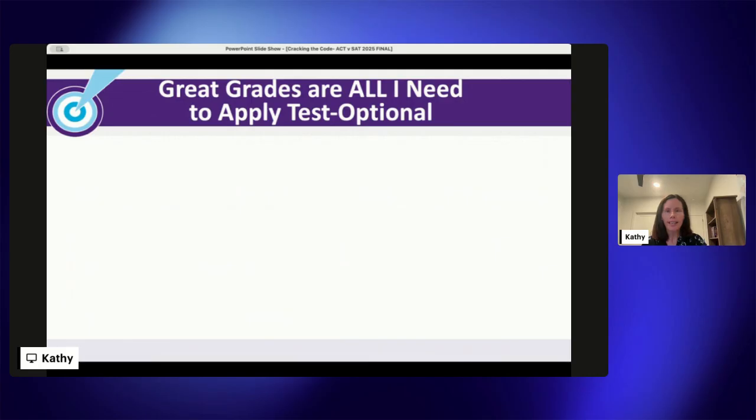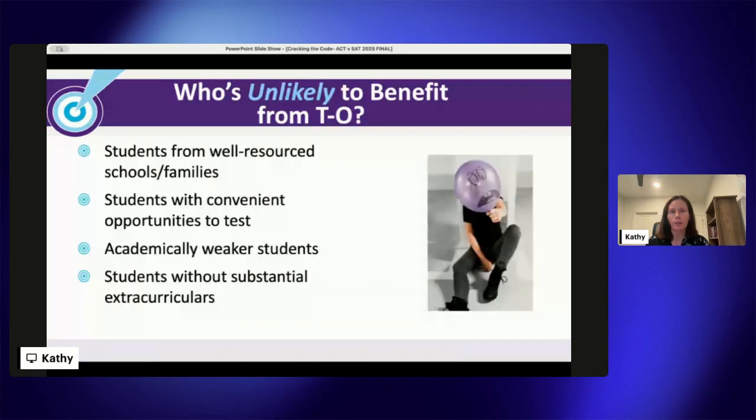So if I am going test optional, there are a couple of things to take into account. Some students are unlikely to benefit from test optional. So, students who may have had the time, the resource, the opportunity to test, students who may be academically weaker. Remember, we're going to be looking at those grades from 9, 10, 11, and that rigor.